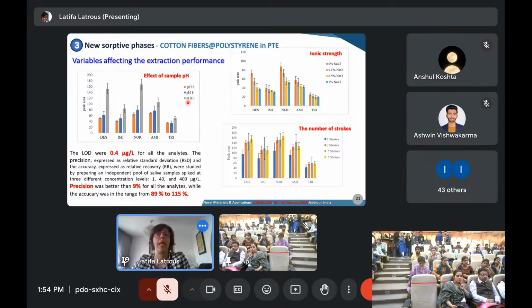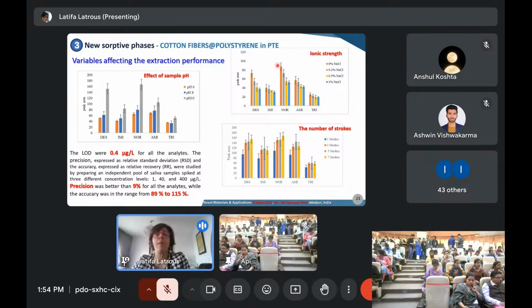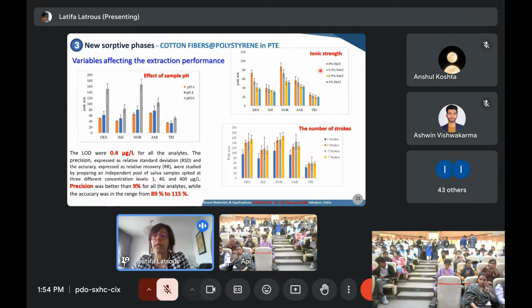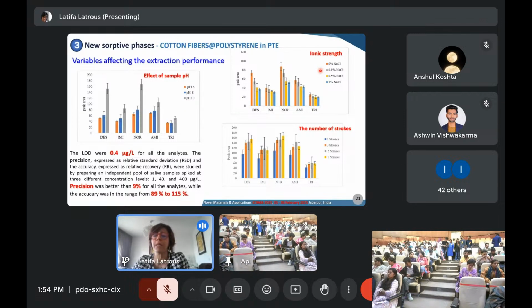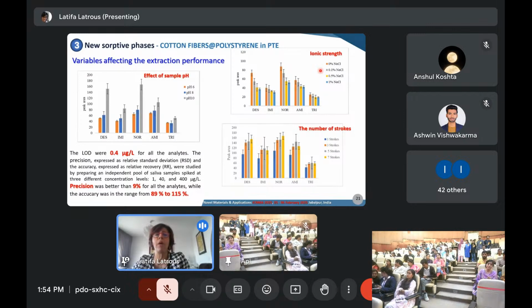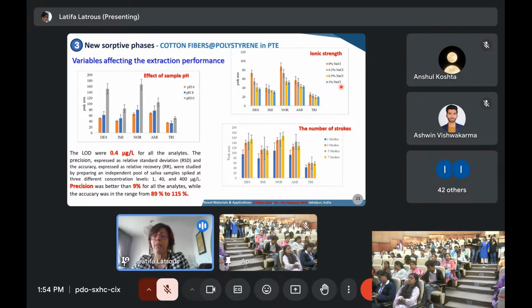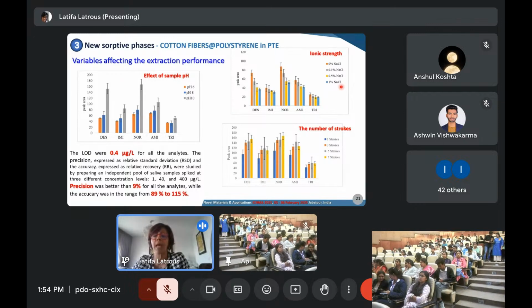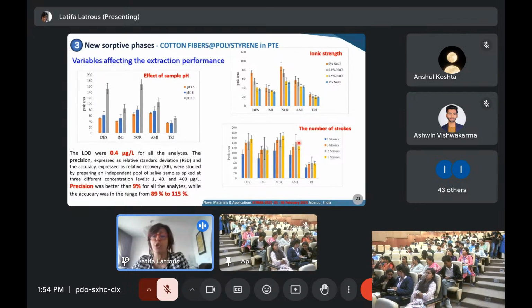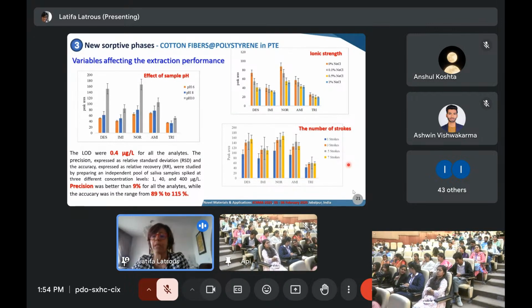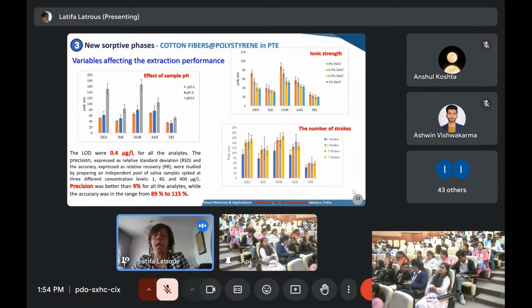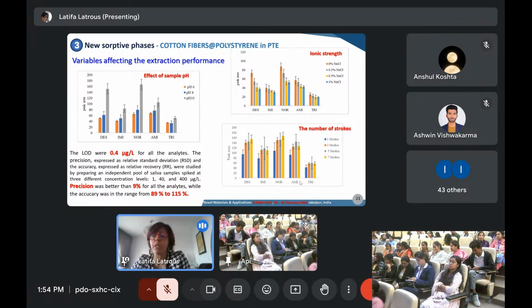So we also studied the impact of ionic strength by varying the salinity of the sample from 0 to 1%, and the extraction of tricyclic antidepressant drugs showed a negative impact of salinity, thus indicating a diffusion-restricted sorbent.